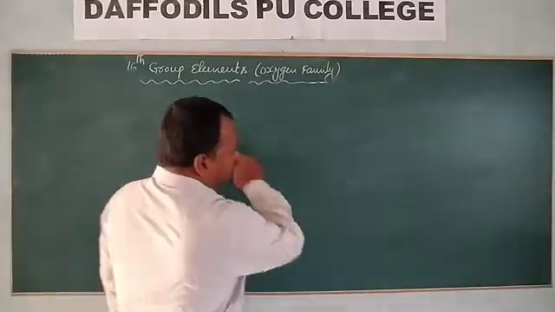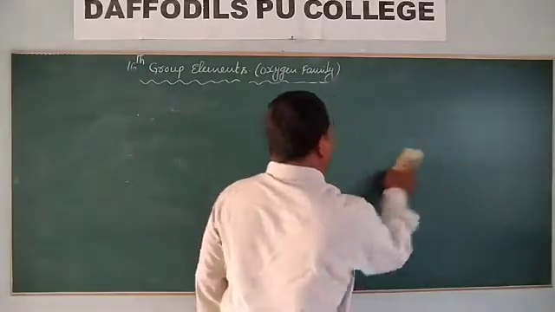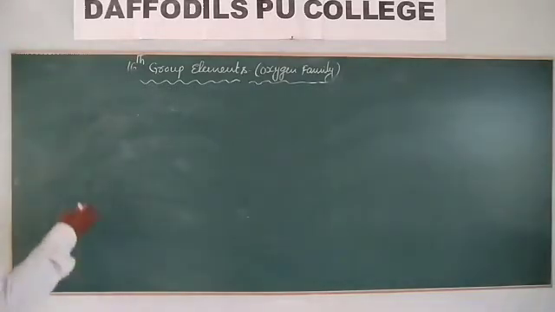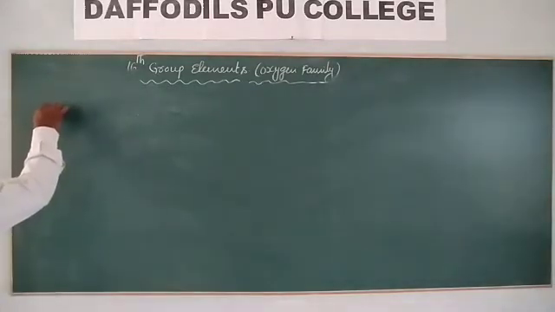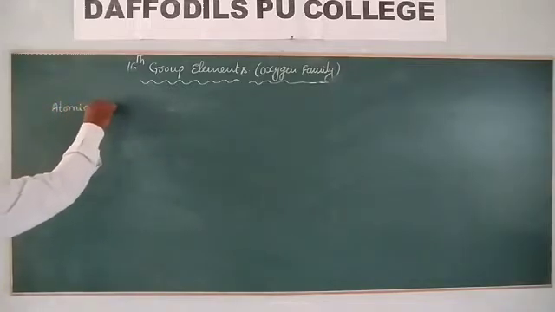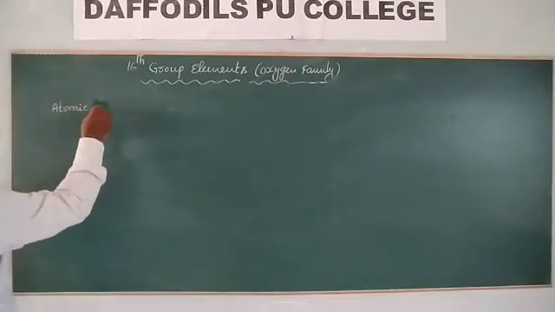Now look at the physical properties of these elements. What happens to atomic size? First one is atomic size or atomic radii.